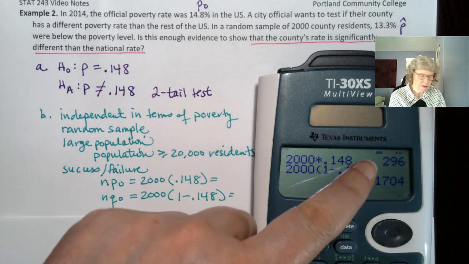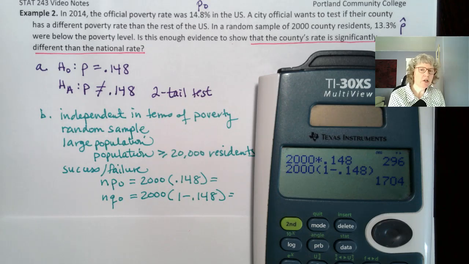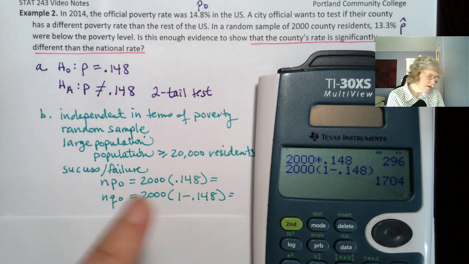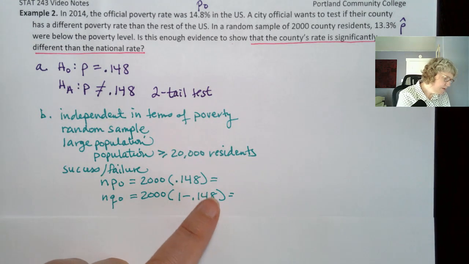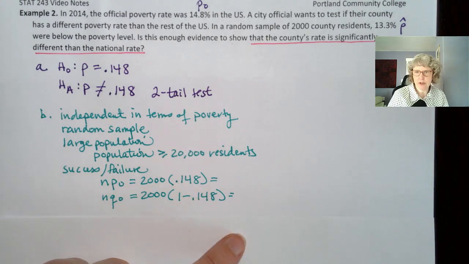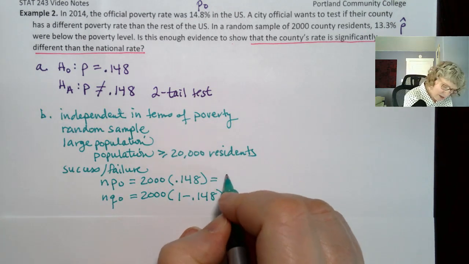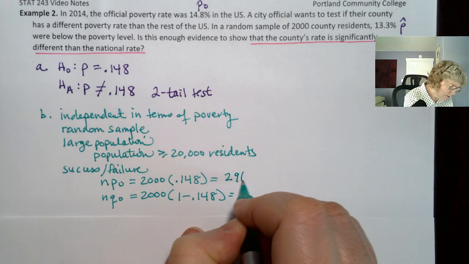Now you might notice if you get one of them and it's a whole number, the other one, these have to add up to 2,000, right? Because P naught and Q naught add up to 1 or 100%. So that's a little trick you could use. Like if one came out to 200, let's say it was 1,000, the other would have to be 800. So just little tricks if you're interested.